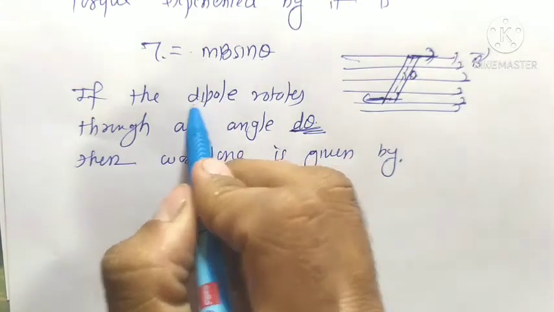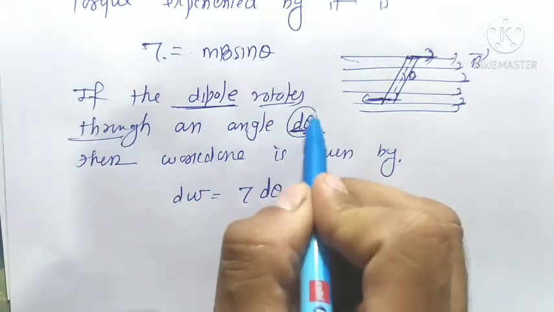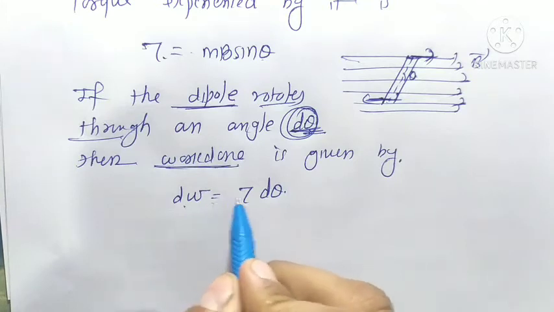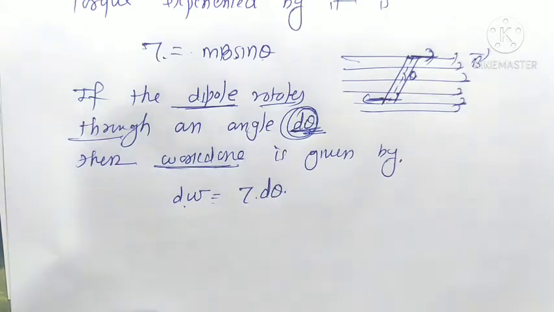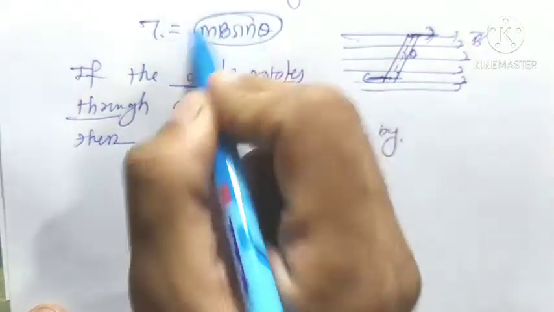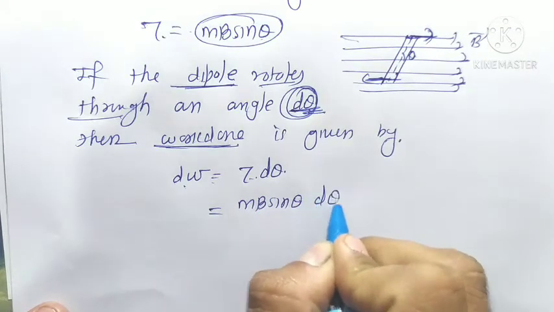If this dipole rotates through a very small angle d theta, then the work done is dW equal to torque into d theta. Here we put the value of torque, MB sin theta d theta.